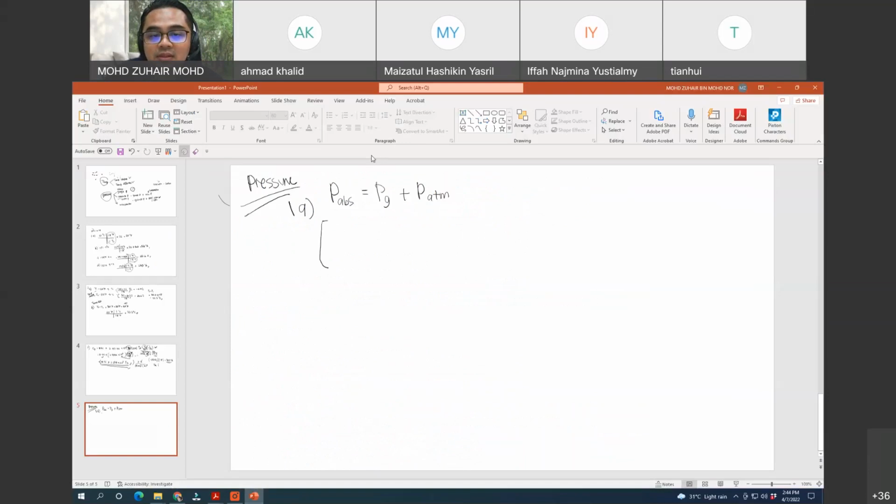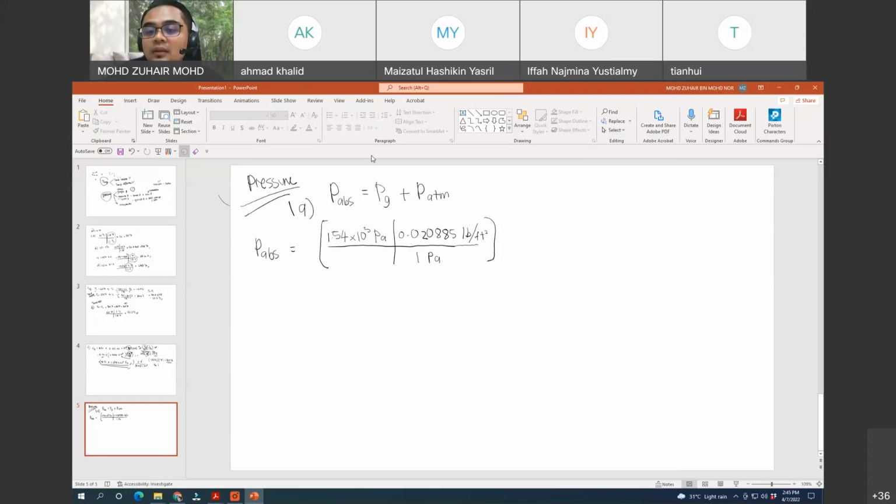Okay. So let's start with the first one. So this is P absolute equals to 1.54 times 10 power of 5 Pascal. So we need to change this. 1 Pascal is equals to 0.0208885 pound per feet square.